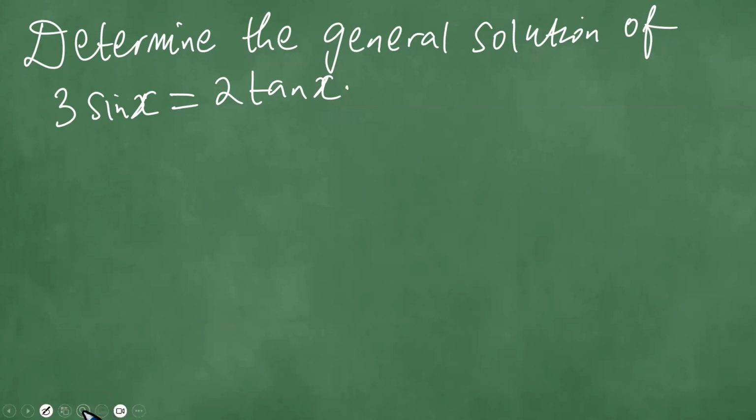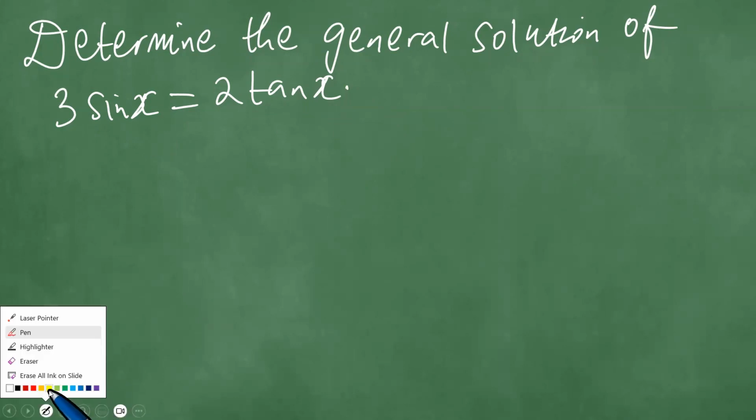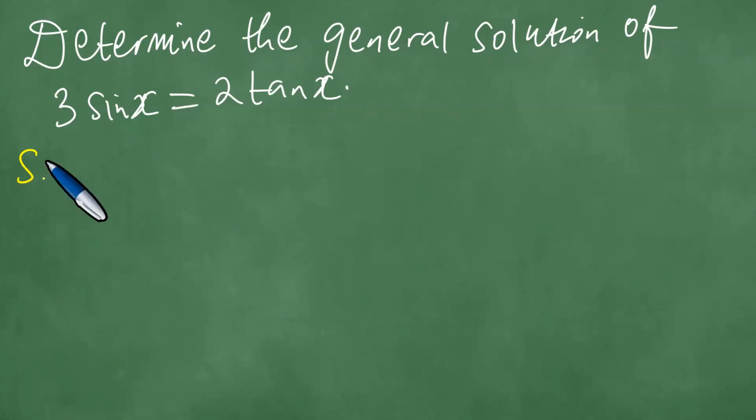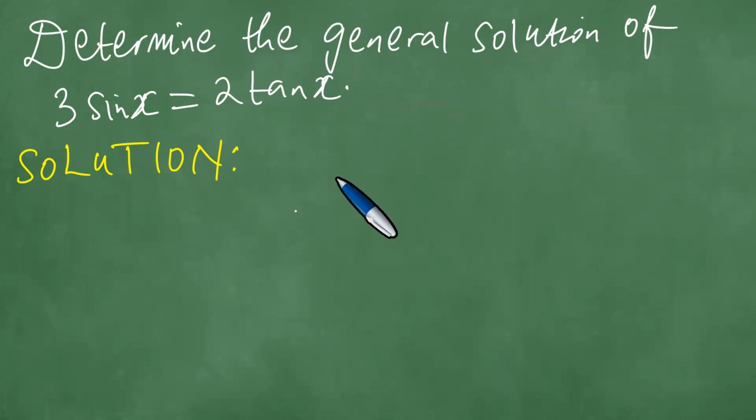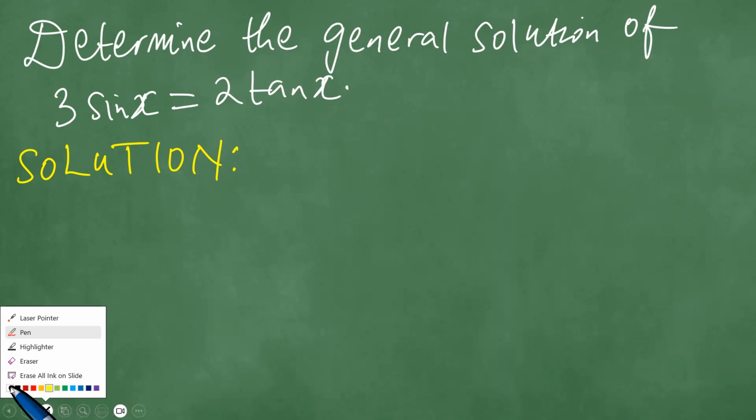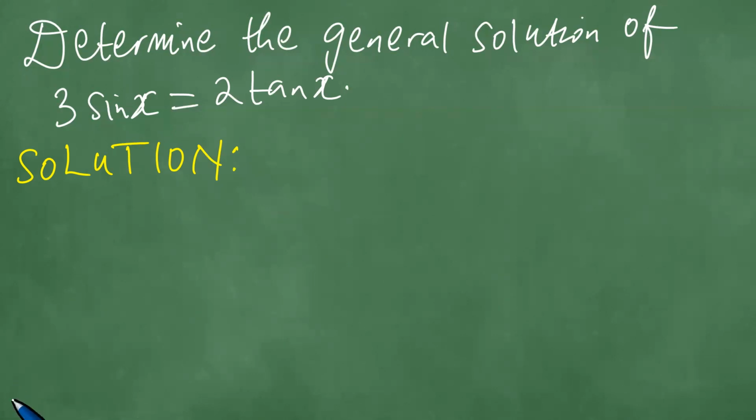Okay, need to determine how do we find the general solution, Tando? What is the general solution first and foremost? What kind of a solution is the general solution, Tando? How do we find the general solution of an equation? How?